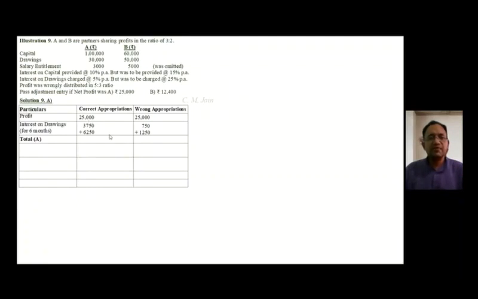So total is 35,000. As per wrong appropriations, 1,250 plus 750 is 2,000 plus 25,000. So total is 27,000.